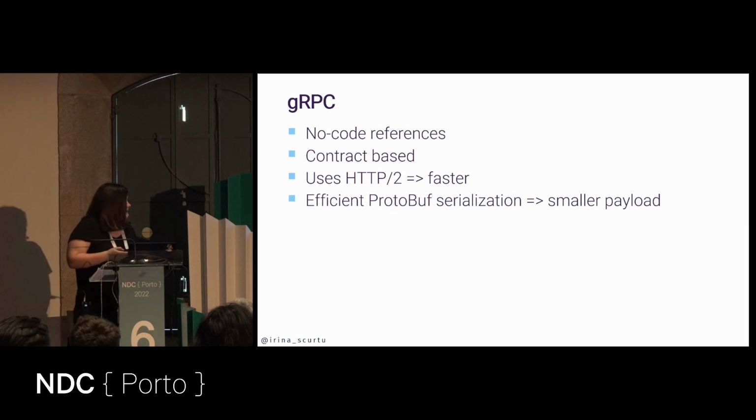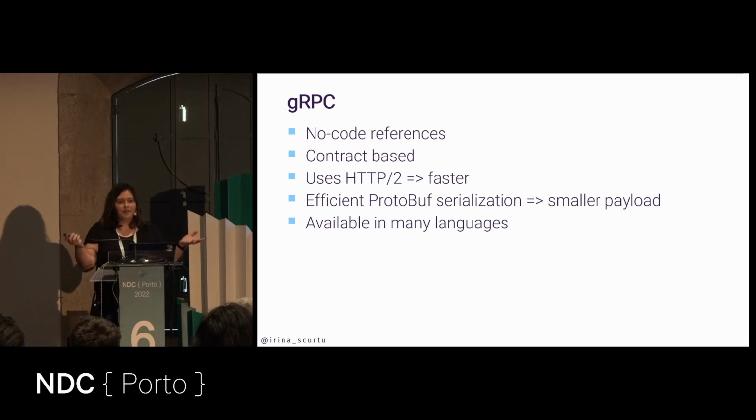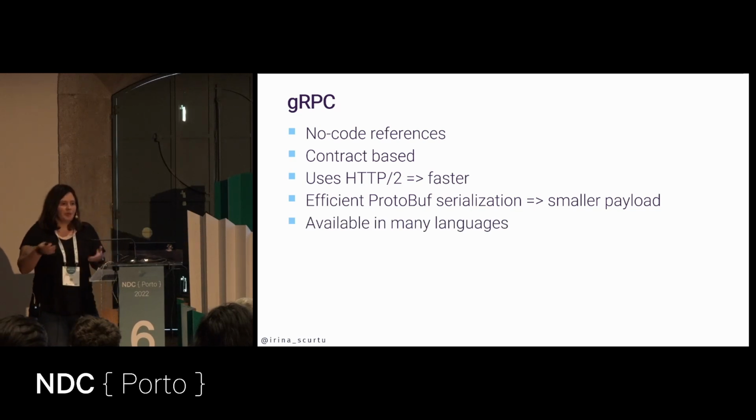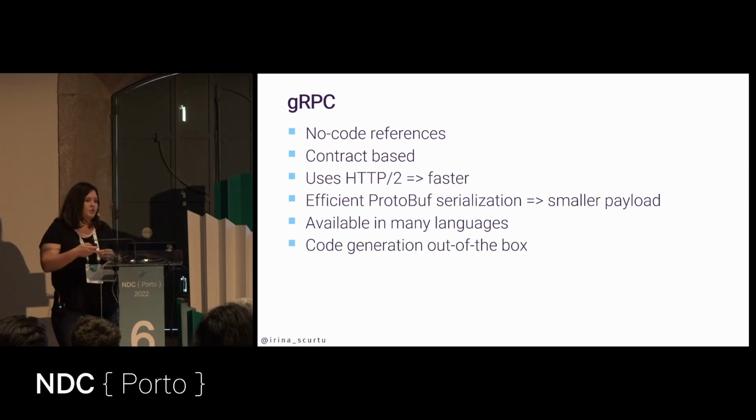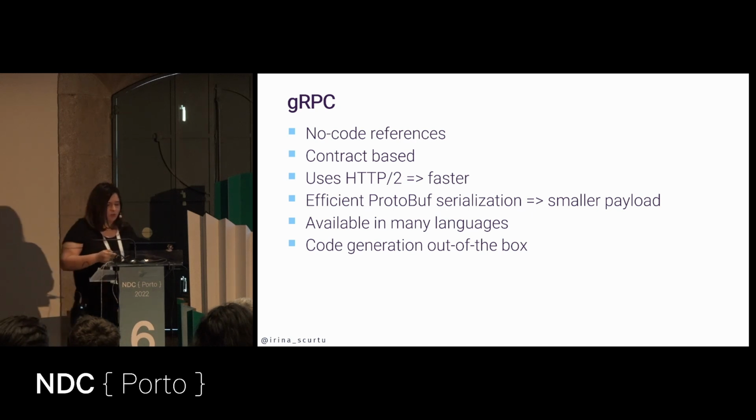And it has an efficient protobuf serialization, which ends up giving a smaller payload. And of course, it's available in many languages, including C++. What it does very well is code generation. It generates code for us, and it's very nice because with the click of a button, we get the code.